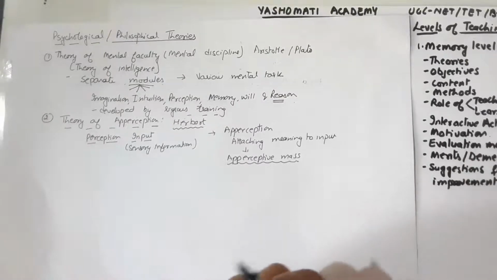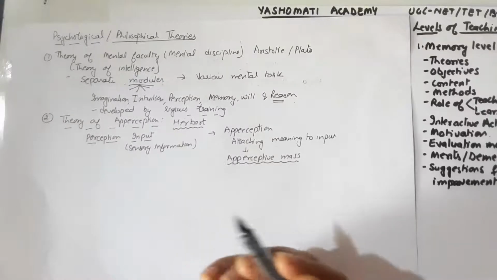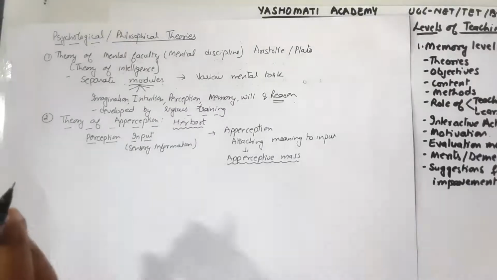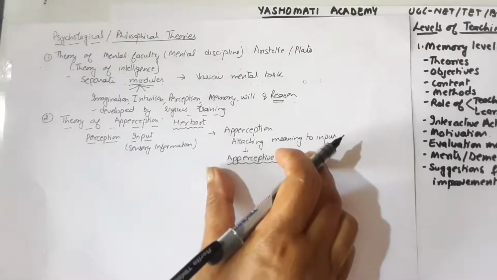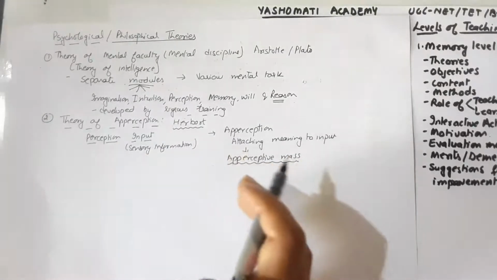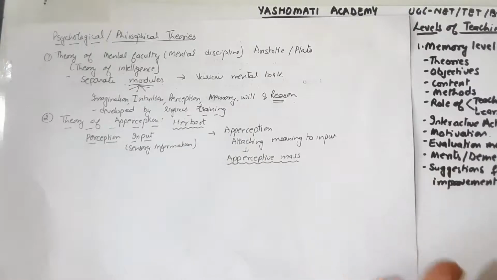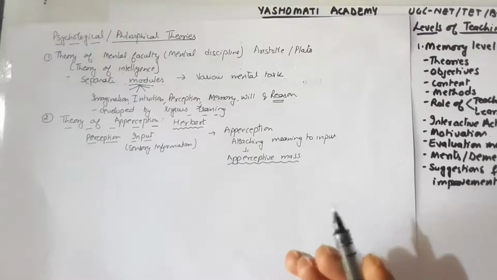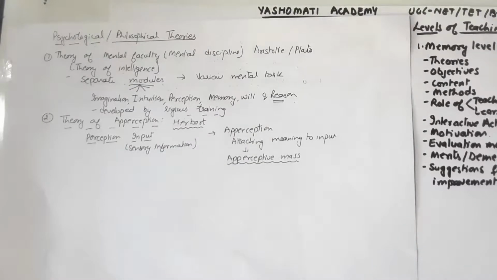Whenever he is receiving some new information, then through a mental process he makes sense of that idea by assimilating it to the apperceptive mass which he already has. So basically this theory is based on the concept that the learner is not an empty vessel. He already has certain apperceptive mass which he has gained through experiences in his previous encounters with perception.